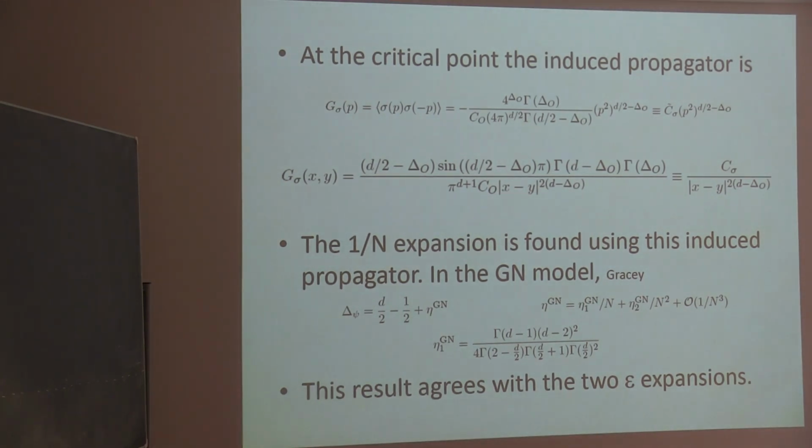And you can compute similarly, for example, delta psi. And this 1/n result agrees with the 2 epsilon expansions. It agrees with the 4 minus epsilon and with the 2 plus epsilon expansion. So it's like a little set of tricks that you can use to cross-check all these different methods.